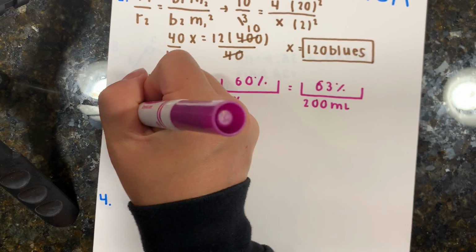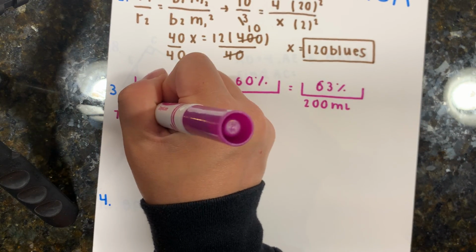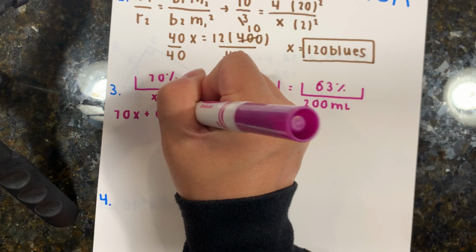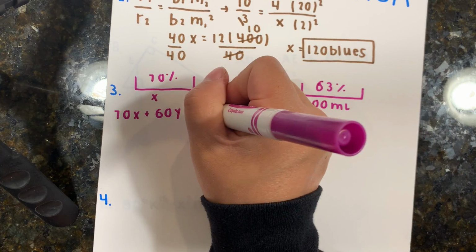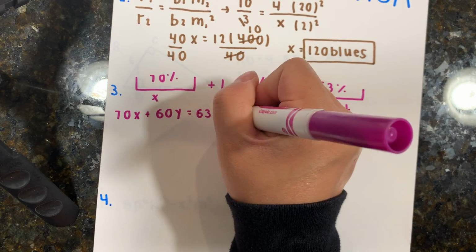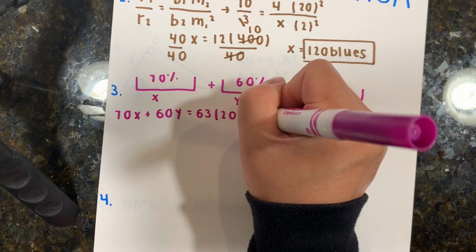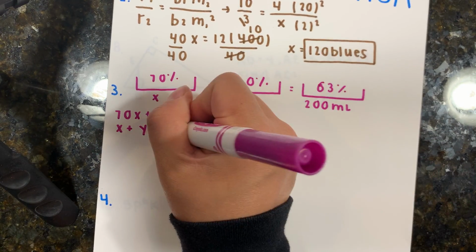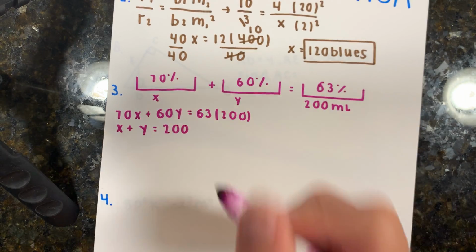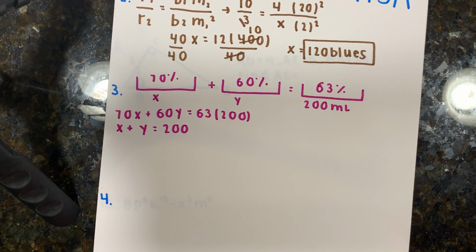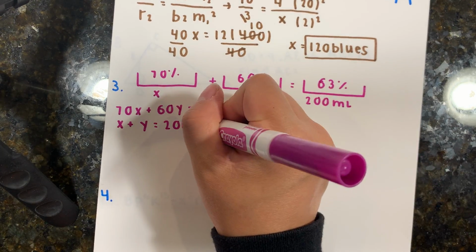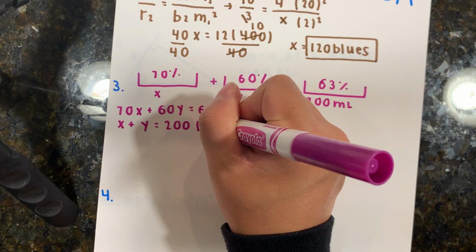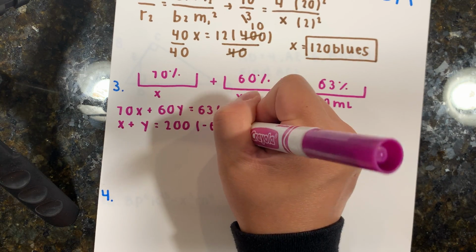So now when I write out my equation, I'm going to have 70X plus 60Y is equal to 63 times 200. Second equation is just going to be X plus Y equals 200. Now you can do either substitution or elimination. I'm going to eliminate by multiplying this equation by negative 60.